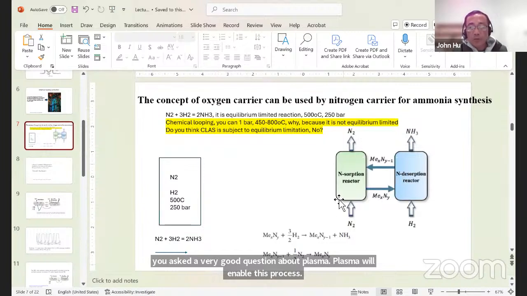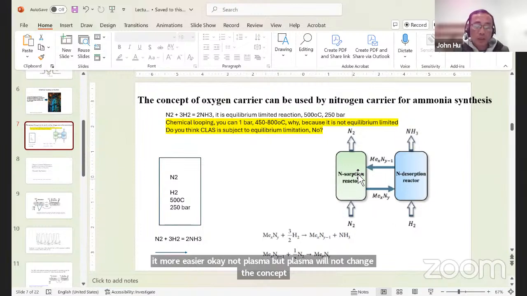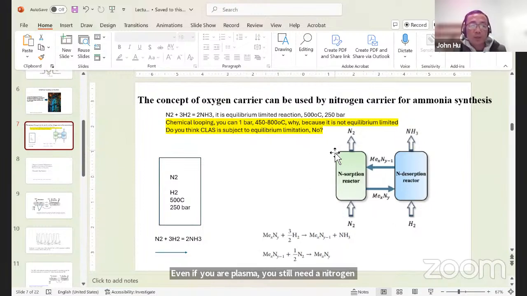But plasma will not change the concept. Even with plasma, you still need a nitrogen carrier. The only difference is the plasma will make it easier. That means you probably don't need 450, 800 degrees C. Actually, my student is doing this reaction at 250 degrees C. That's a different story. I don't want to pre-contaminate you. Let's go step by step.